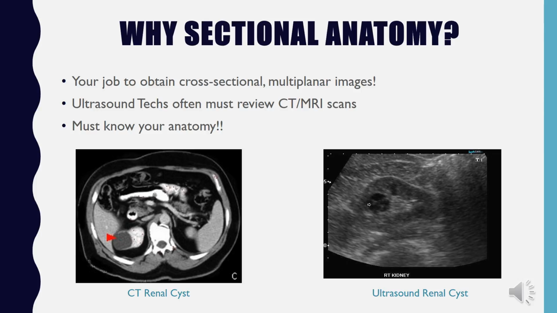So looking at the patient's previous scans, if they have them, is going to help you know that the cyst is 3 millimeters in size, and you're going to already know the exact location of that cyst. So that's going to help you determine the best angles to obtain your images before your patient's even in the room. So it's going to save you time, it's going to save the patient time, and it's going to provide the patient with a better scan.